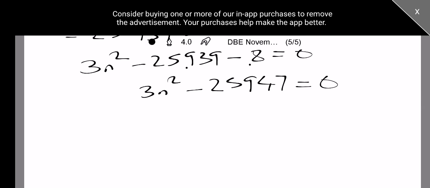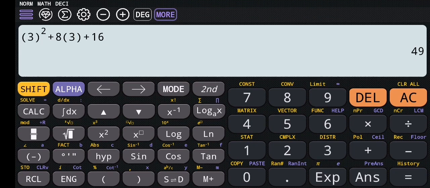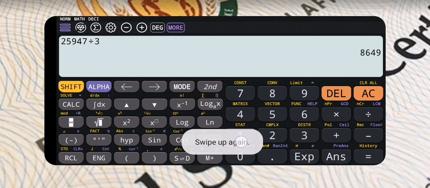Now let's take out the common factor. Let's see if this is divisible by 3. Where's a calculator? 25,947 divided by 3 is 8,649.